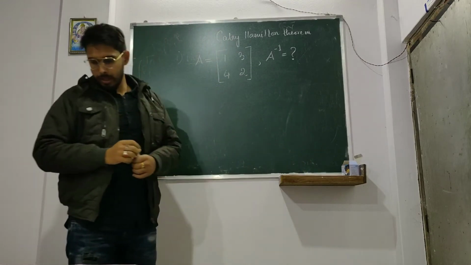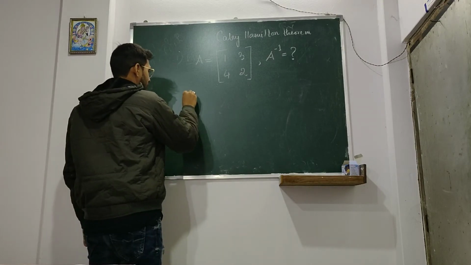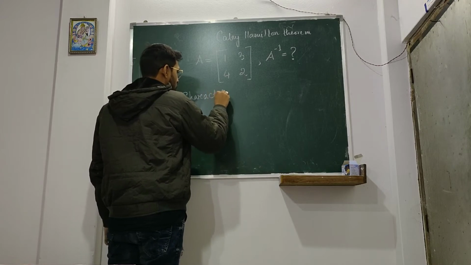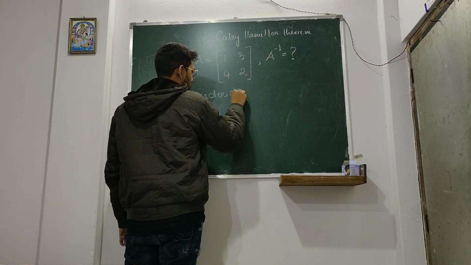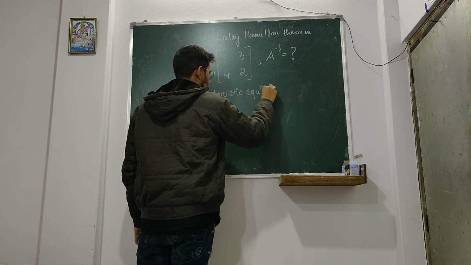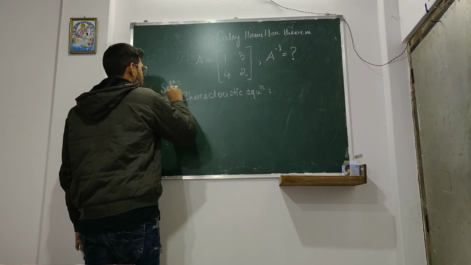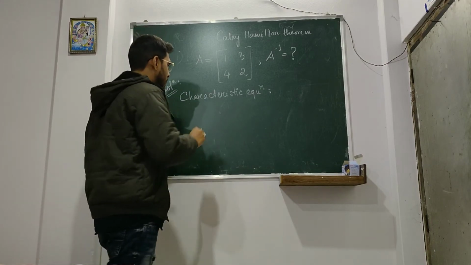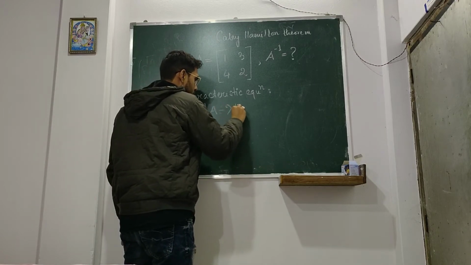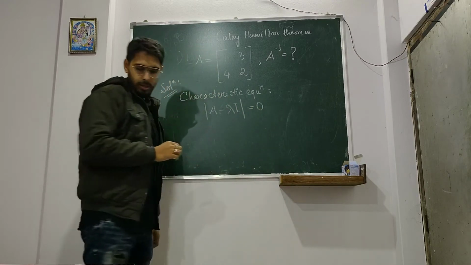So I will start with putting the characteristic equation of the Cayley Hamilton theorem, which is exactly the same as for eigenvectors and values. So the characteristic equation is given as determinant of A minus lambda I equals 0.